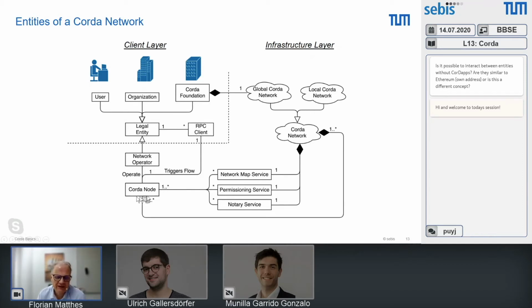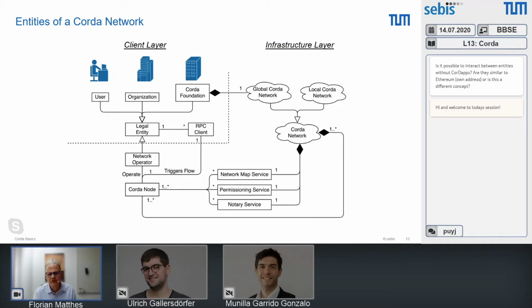The Corda nodes are essentially the parts through which you trigger the execution of your smart contracts, or through which you do your transactions. And these transactions are not triggered as transactions, but as flows. The central concept is that parties initiate flows of interactions with other legal entities, which are then called subflows, and they use signing procedures and committing procedures to agree on the execution of certain actions.